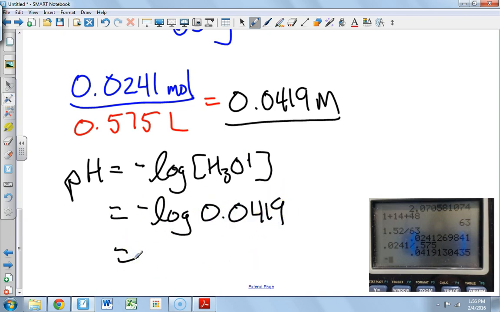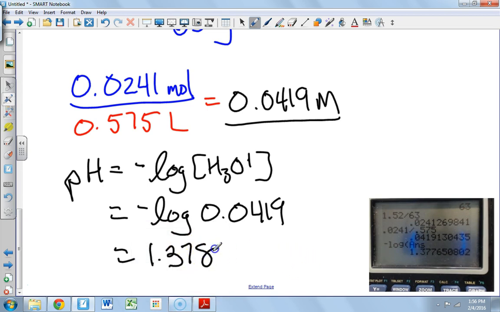I'm going to do a trick here. I'm going to use the answer, so the one above it, and that pH is equal to 1.378, and that is your final answer.